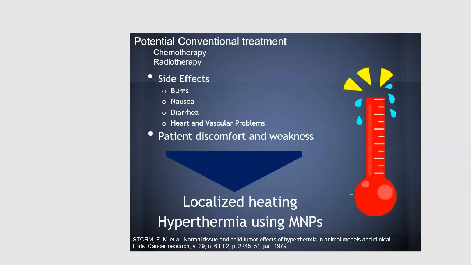So researchers are looking for a new kind of therapy, which is not very old, known as hyperthermia. And today's talk is basically about localized heating hyperthermia using magnetic nanoparticles.